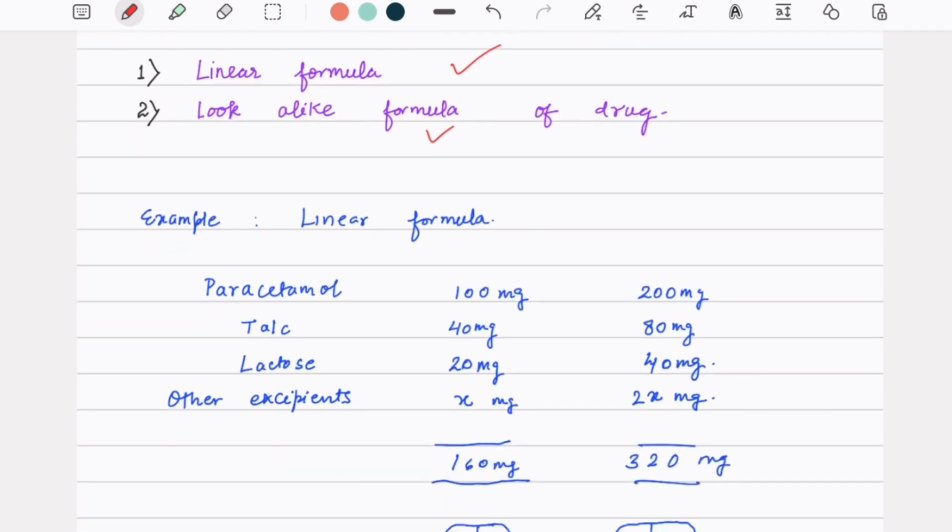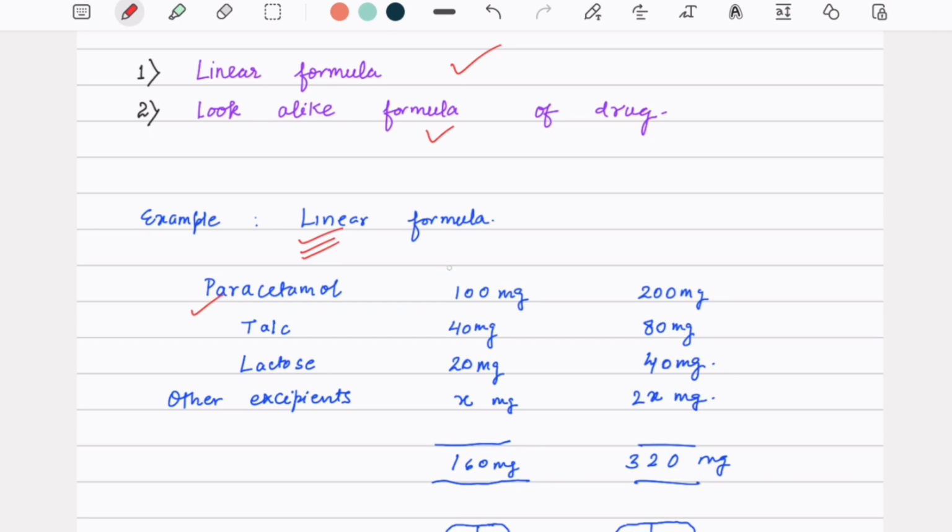Now first we will take the linear formula. What is the linear formula? From the word we understand that the different strengths of any drug have the excipient or the API in a linear increasing manner. Here we have taken an example of a drug like paracetamol, which is an API.